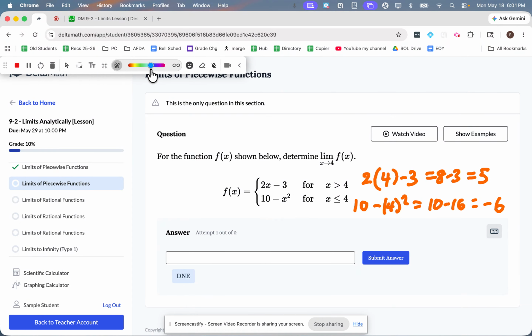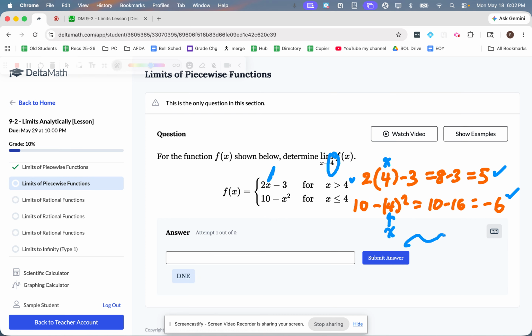Okay, I just did it here. I plugged in 4 for x here. That's my x, 4. So for this piece, it comes out to 5. And here's my x for that, 10 minus x squared. Plug that in, and I'm getting 2 different values, okay?